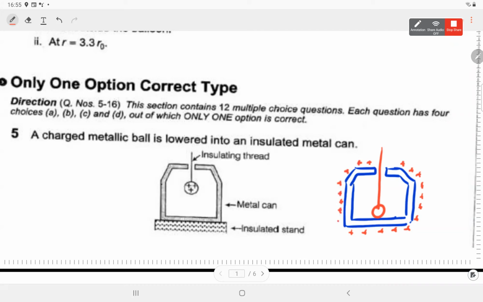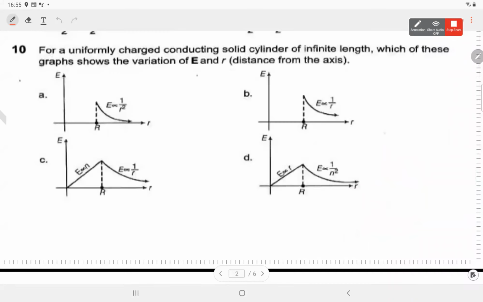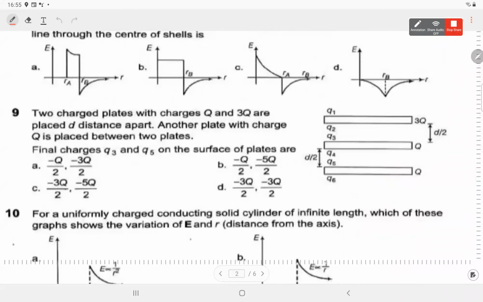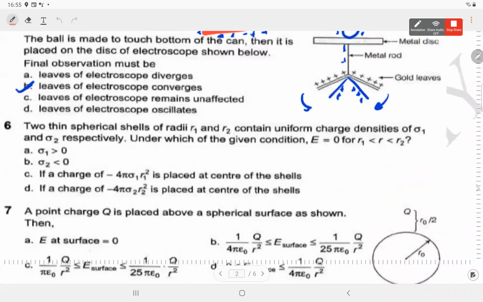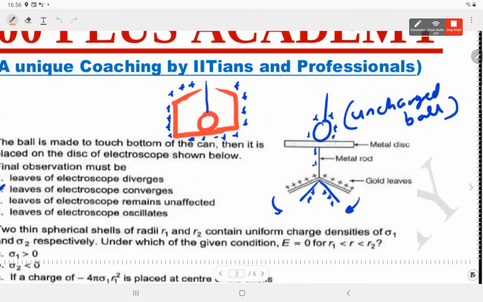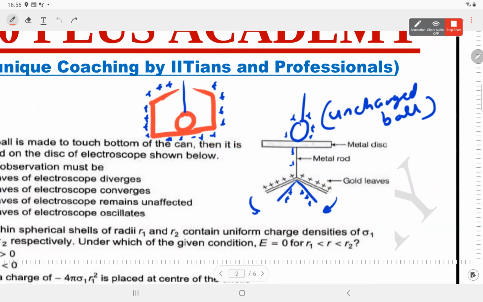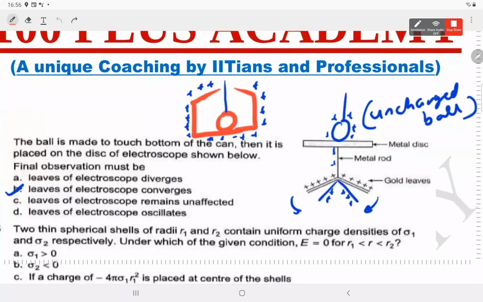Now the ball is removed from here. The ball becomes neutralized when it touches the bottom surface of the metal. And now this ball is taken from here and kept on the disc of an electroscope as shown. The ball is made to touch the bottom of the can, then it is placed on the disc of the electroscope.